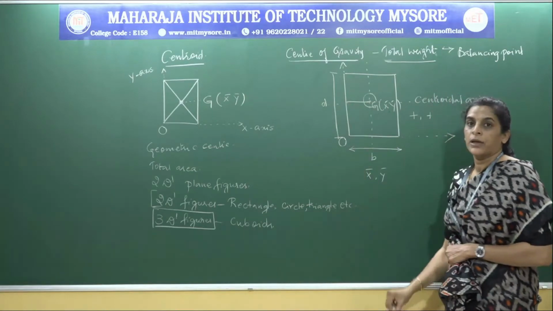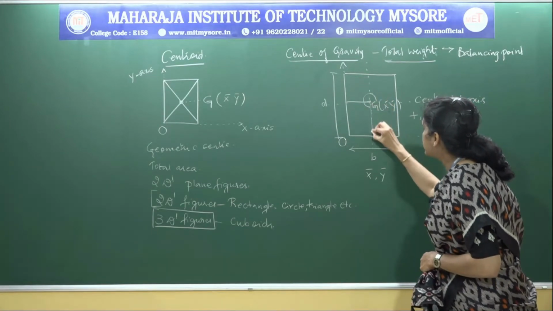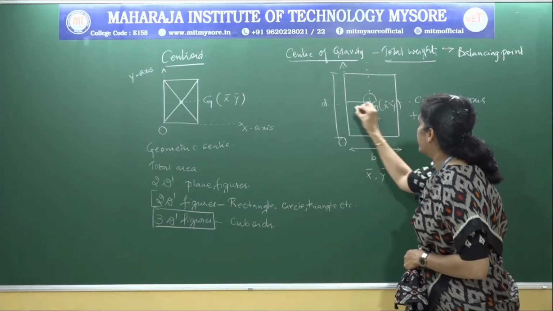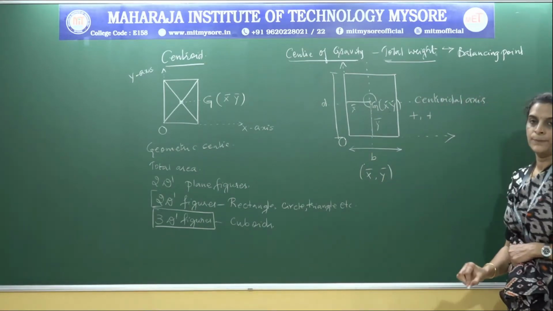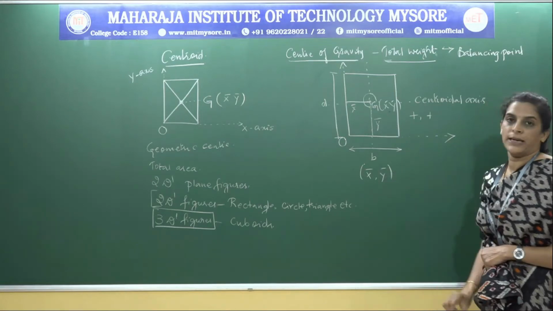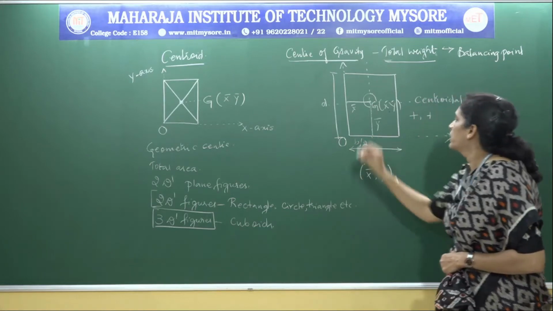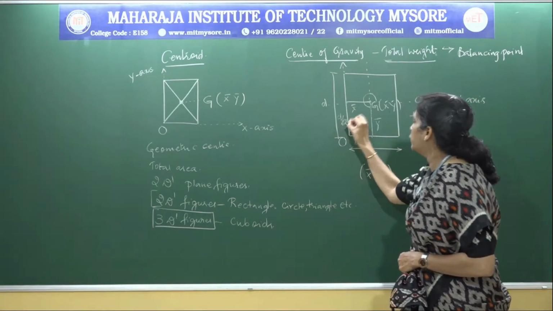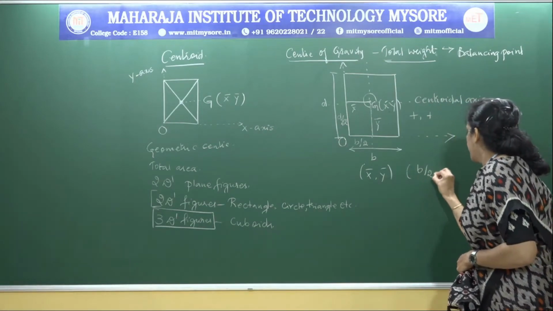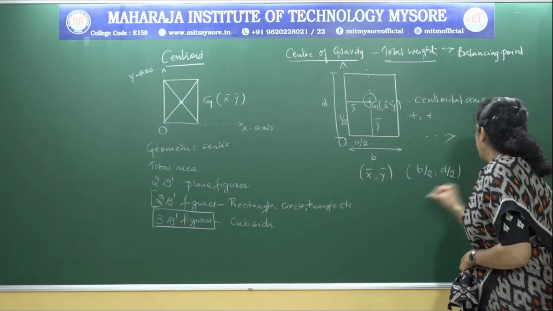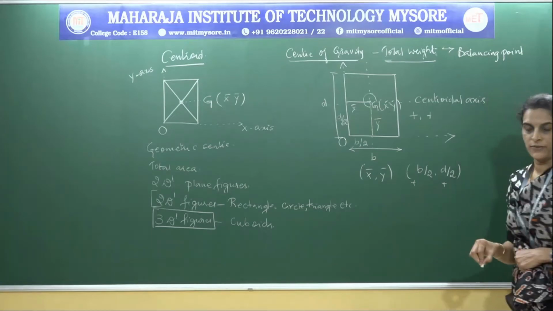So this is x bar, while for y bar we consider the x-axis as the reference. So what are x bar and y bar here? They are b by 2 and d by 2. Both will be positive.